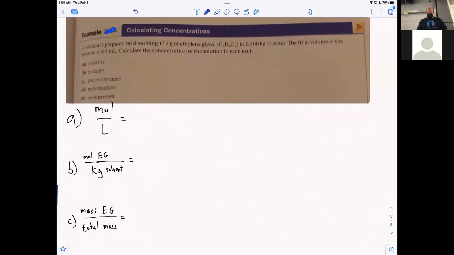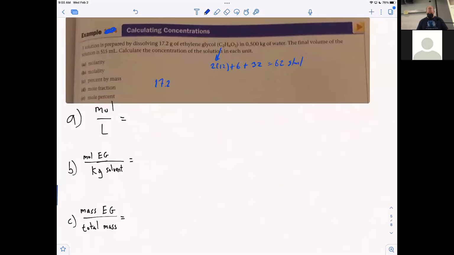What is the concentration of the solution in these units? Ethylene glycol, I think it's 62: 2 times 12 for carbon, plus 6, plus 32 for 2 times oxygen. So 24 plus 6 is 30, plus 32 is 62 grams per mole.